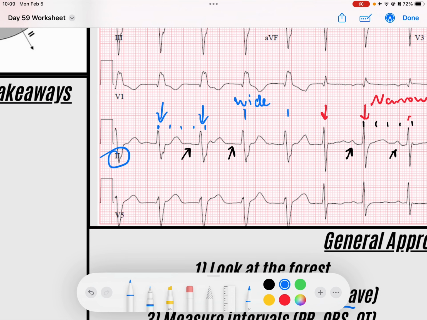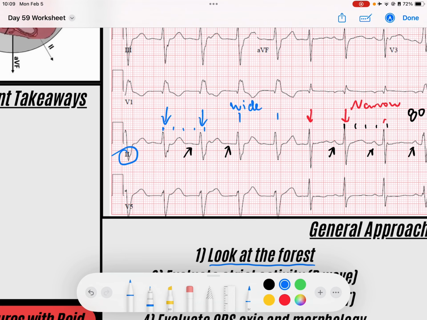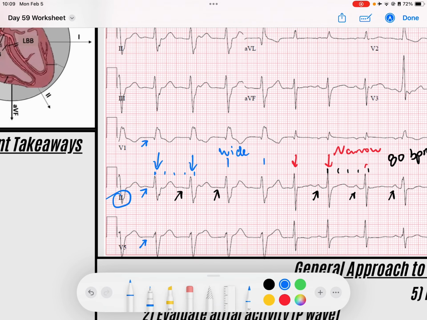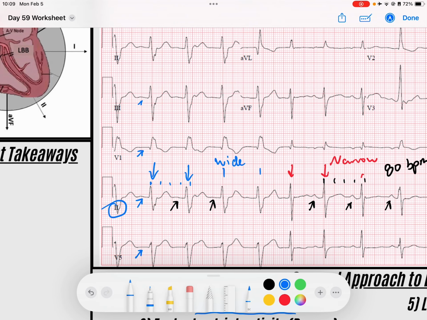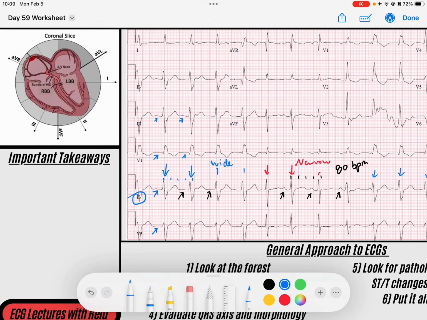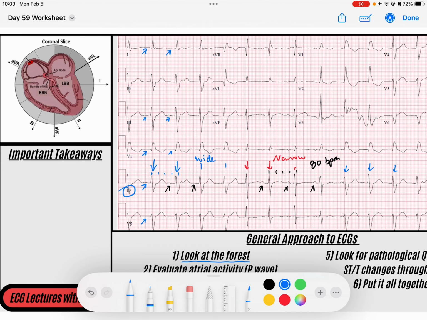And what I notice is that when I look in front of them, I don't necessarily see any P waves, right? I'm going to scan through multiple leads and look for atrial activity. And so I can go through here and go through here. I can even go up to lead 1, and I don't necessarily see any P waves.